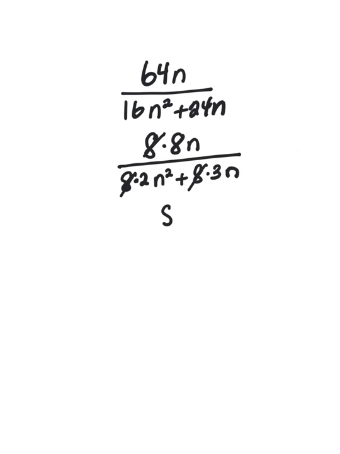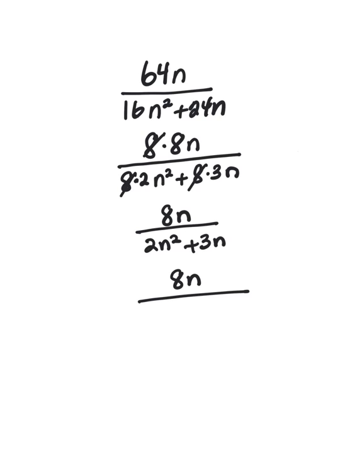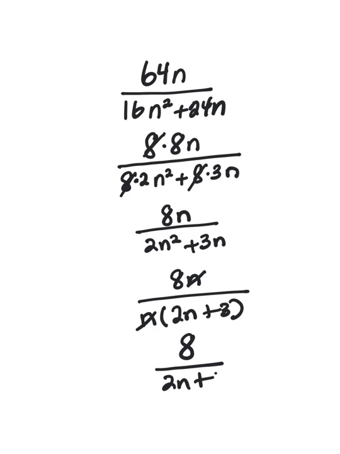So you have 8n over 2n squared plus 3n. Now in the denominator you can factor an n, so the n's will become 1. After you do the factoring, you have 8 over 2n plus 3. So that will be your answer after you simplify all this, okay?